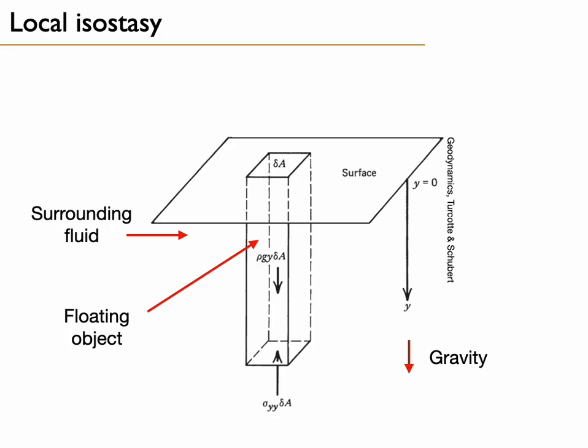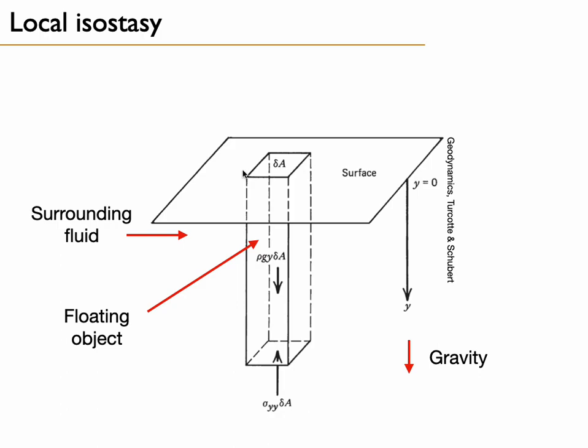Here is a very schematic diagram showing you an item immersed or partially immersed in a fluid. So you have the surface of a fluid here. The item is this bar, and it's cropping out at the surface of the fluid.